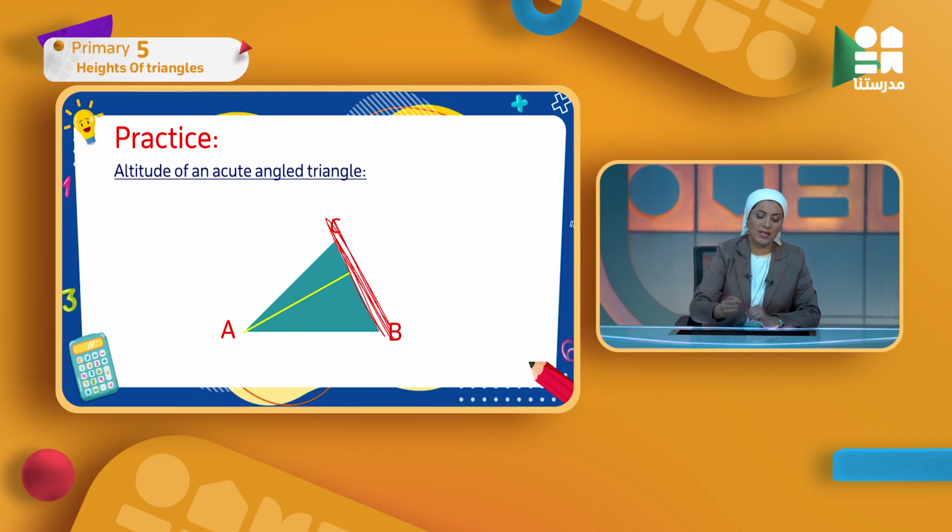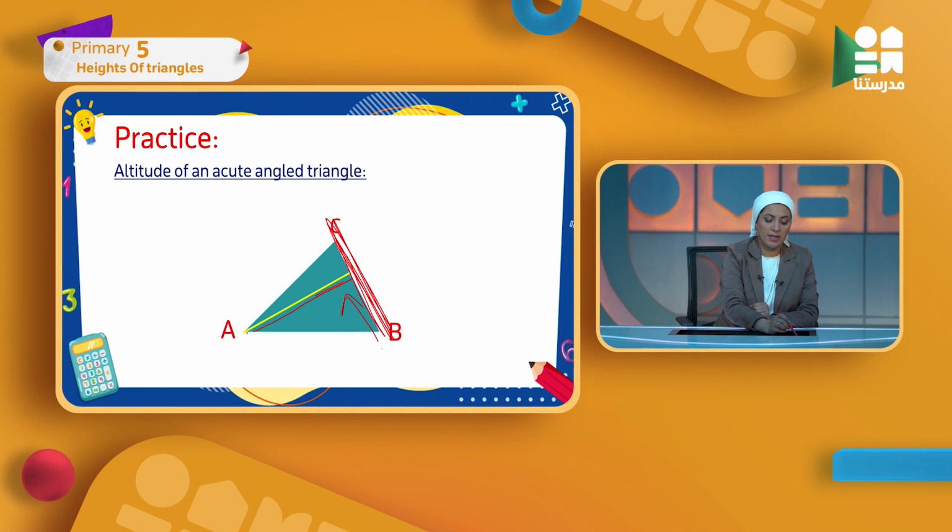This is the place that I am going to put my ruler and set square on. And I will slide my set square from the point B till I reach the point A. Then I will drop my perpendicular from the point A to the point X here.